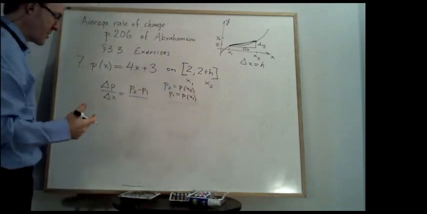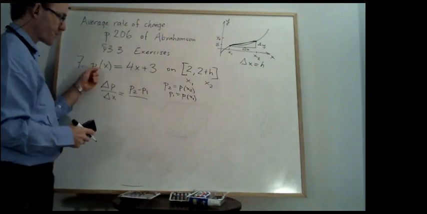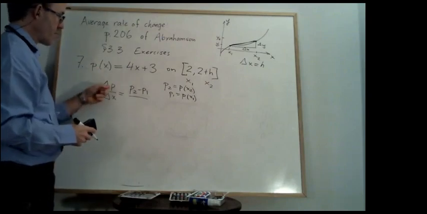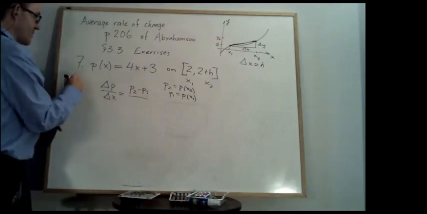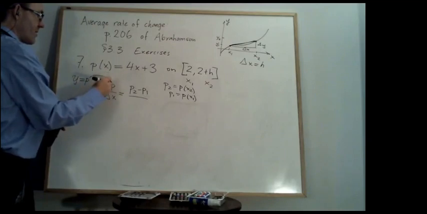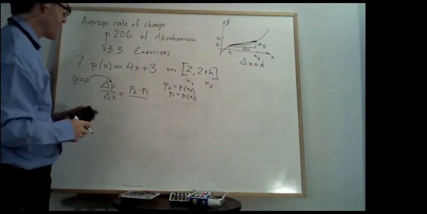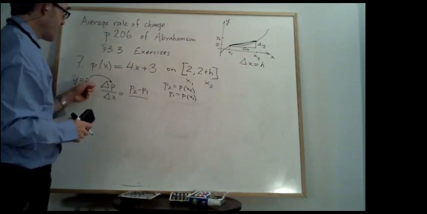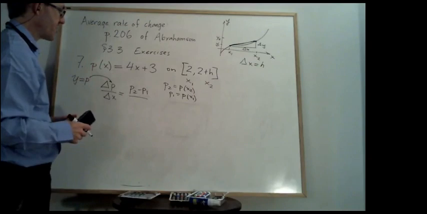Here I'm using the notation p instead of y, that's all. Maybe I'm using the notation a little bit improperly here, but p can be a replacement for y, and it's also the name of the function.